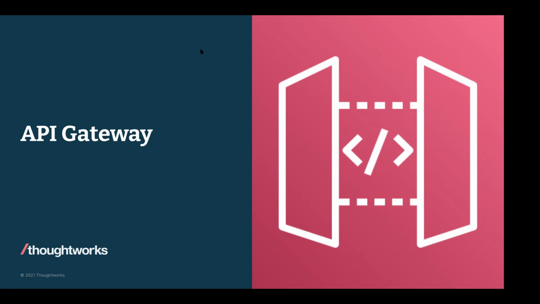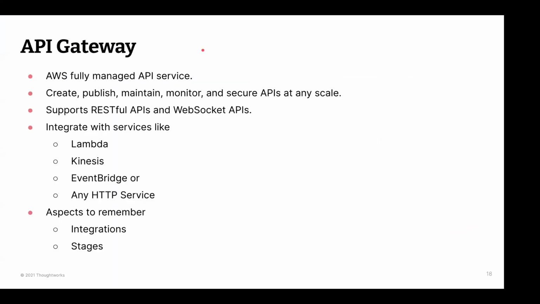Okay, so now what is AWS managed API Gateway? There is this service called API Gateway, which would fully manage the API service. You can create, publish, maintain, monitor, and secure APIs at any scale. What the API Gateway supports is, first, RESTful APIs.